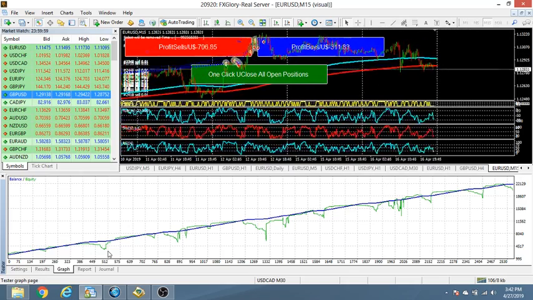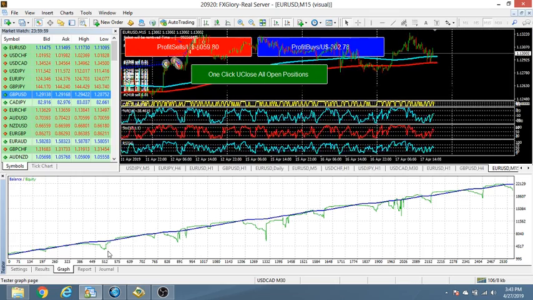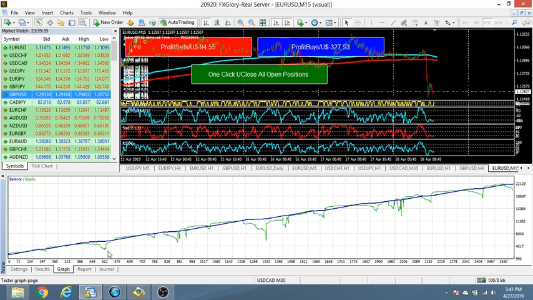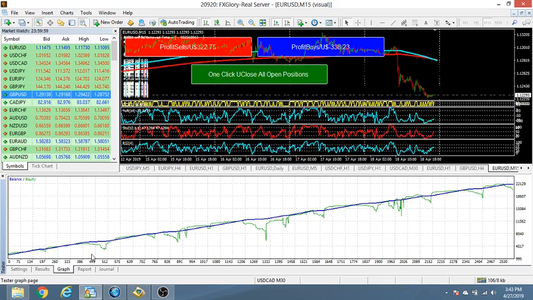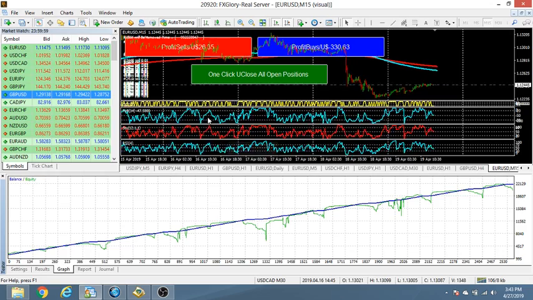And the 15-minute time frame is very active. 5-minute time frame and 15-minute time frame are very, very active. You can see that. Look at that. And positive, a lot of positive.